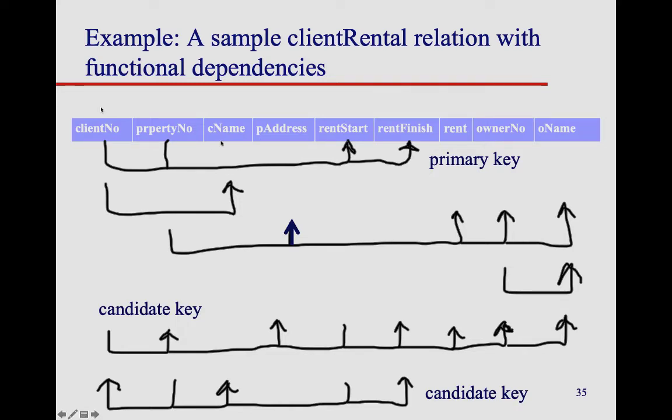So in this case, client name is determined by client number, property address is determined by property number, rent is determined by property number, owner number and owner name are determined by property number, but the problem is they're determined by a subset of the primary key. So here you see client number determines client name, then property number determines the other four attributes. Okay, and we also have that owner number determines owner name.